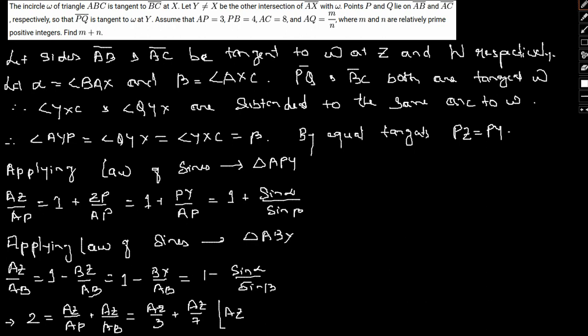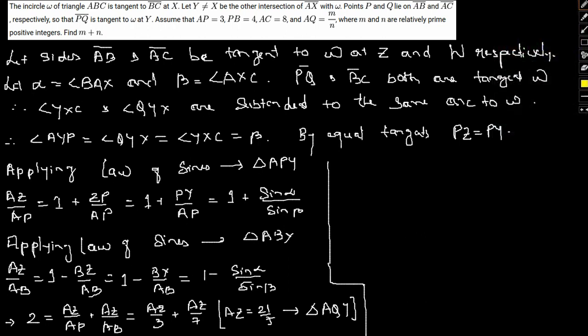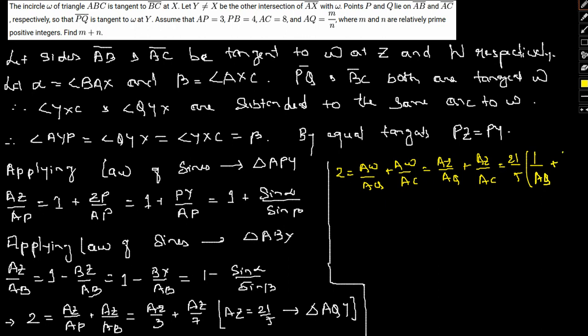So here implying AZ equal to 21 by 5. And applying the same argument to triangle AQY, let me solve this here. 2 equal to AZ by AQ plus AZ by AC, so 21 by 5 times 1 by AQ plus 1 by 8.